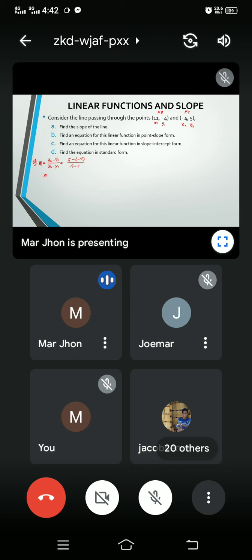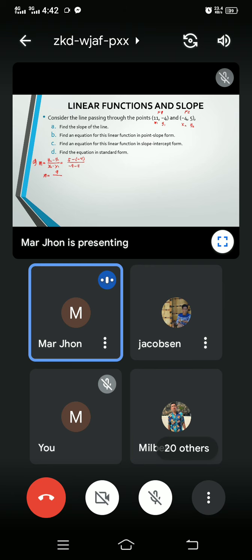So that's why your slope is equal to 5 plus 4, which is 9, over negative 4 minus 11 is negative 15. Right? So you have negative 9 over 15.